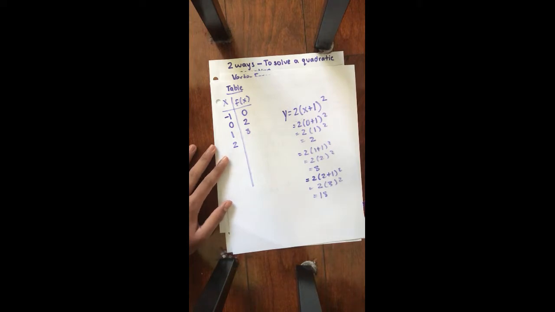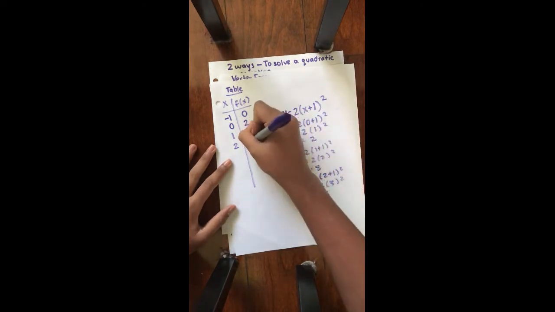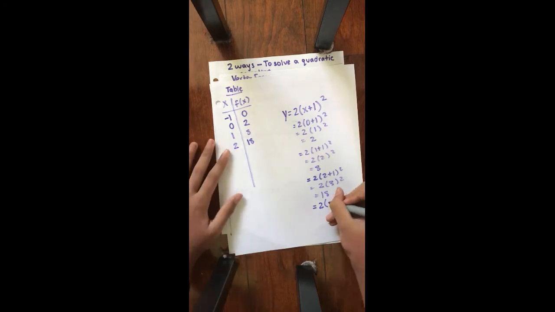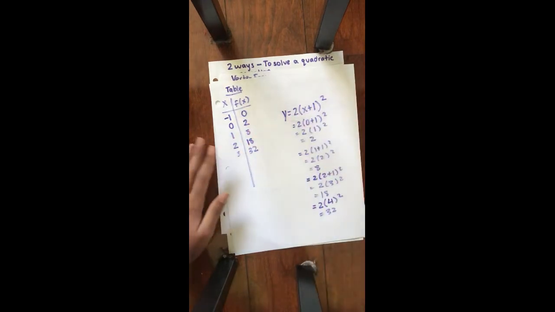As you can see, 2 times whatever x is plus 1 squared is the y value. So if x is 3, then 3 plus 1 is 4 squared, 16 times 2 is 32. So for 3 it is 32.